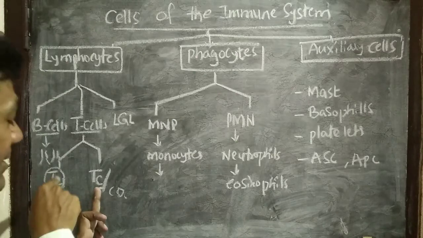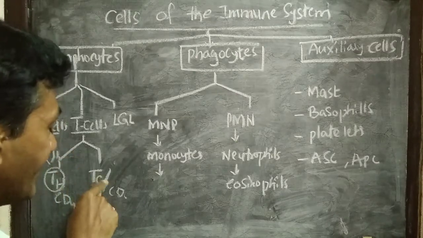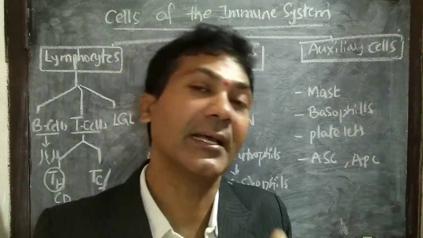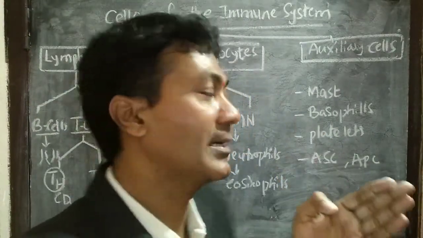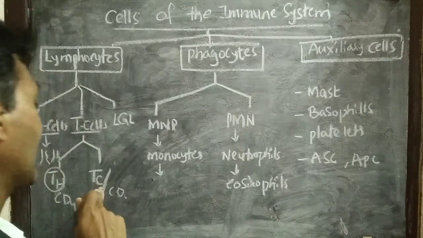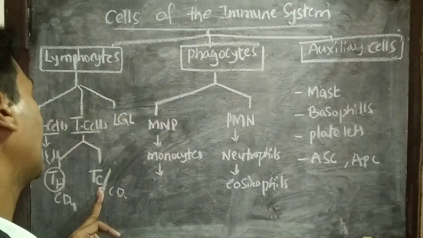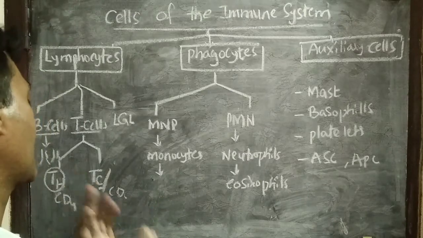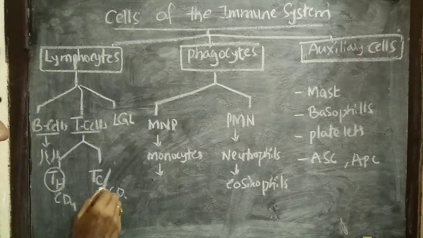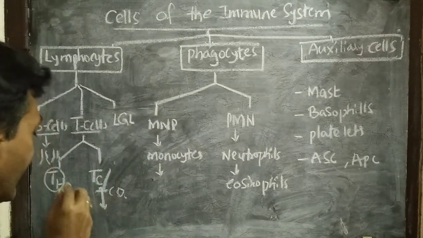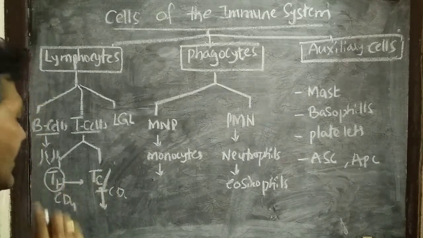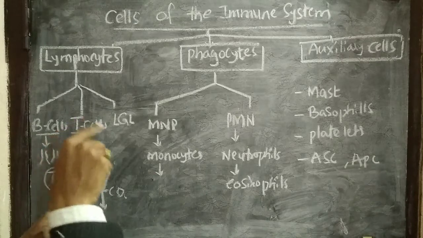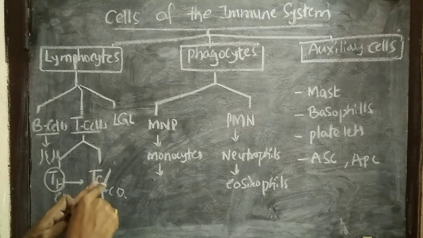When the TH cell releases interleukin on the TC, the TC cell will be differentiated into memory cell and effector cell. Once it becomes an effector cell, it destroys the infected host cell. To perform its activity, it requires TH also. So it is participating in cell mediated immunity.